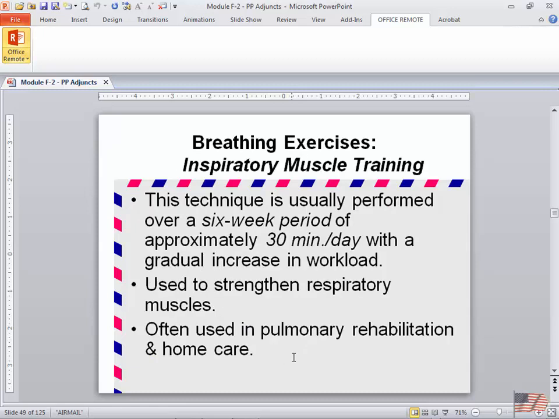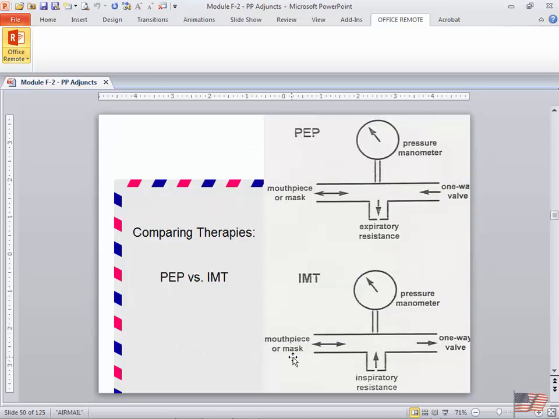Again, this is something that we associate with a pulmonary rehab program, where over a long time period we're trying to get them to strengthen their respiratory muscles. So this is something we probably will never see in an acute care hospital, something which you might see in rehab or in home care.